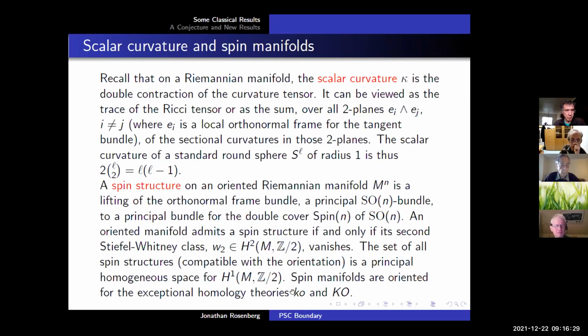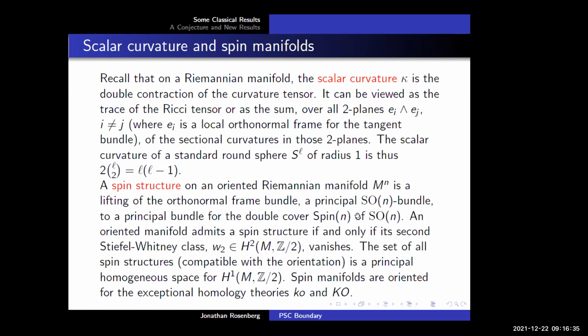Now, one thing we're going to need later, so I'll mention it now, are spin structures on manifolds. If you have an oriented Riemannian manifold, then on it you have the orthonormal frame bundle. This is the bundle whose fiber at each point is the set of orthonormal bases for the tangent space at that point.